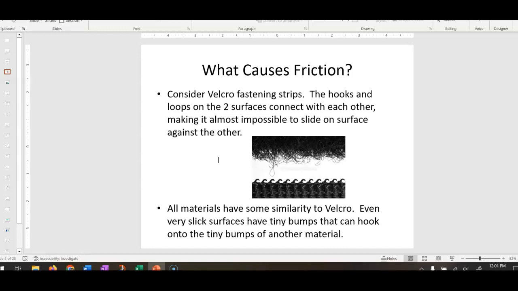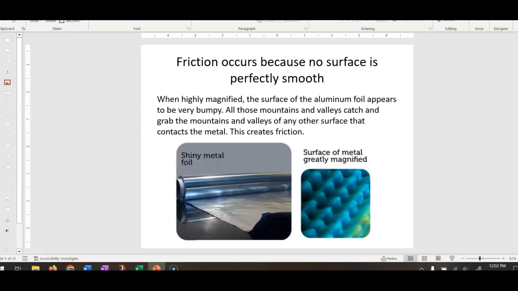There are tiny bumps and valleys on all materials when you look close enough at the microscopic level, and that causes them to have this friction force when they try to slide against each other. Here is a greatly magnified photo of the surface of aluminum foil.